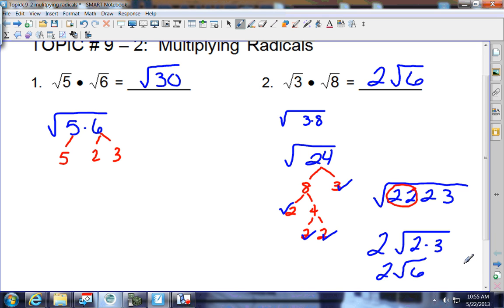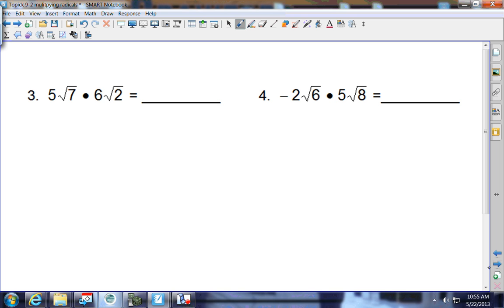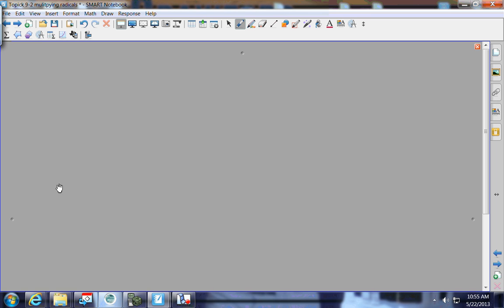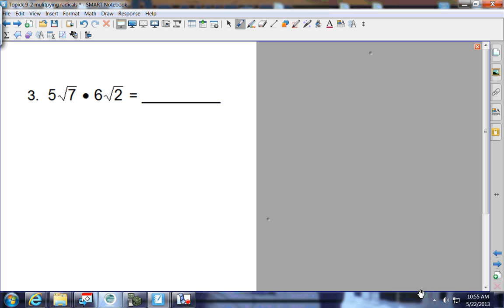Okay. Here are the next ones. Let's just do one of them at a time, though. Here we go. Remember, we are on the back of that worksheet you have in front of you because these are just notes. What we're going to do first, you take the numbers that are outside the square root sign and multiply those together. 5 times 6 is 30.